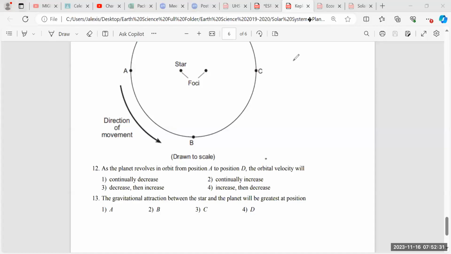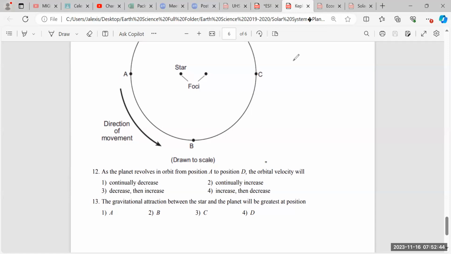And lastly, number 13: the gravitational attraction between the star and the planet will be greatest at position what? I already know, as we reviewed before, when is that gravitational attraction the greatest?